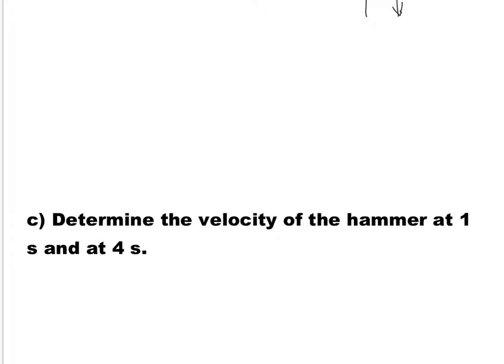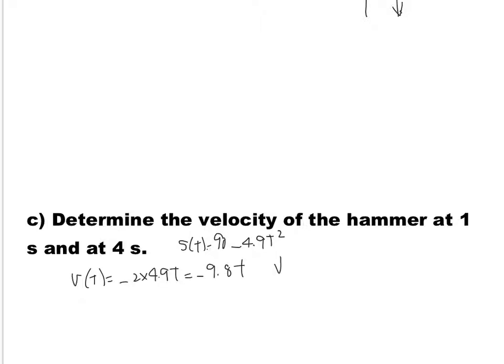The next question says determine the velocity of the hammer at 1 second and 4 seconds. We know that s of t is 90 minus 4.9 t squared. So the velocity v of t is the derivative: the derivative of 90 is 0, minus 2 times 4.9 t, which is minus 9.8 t.